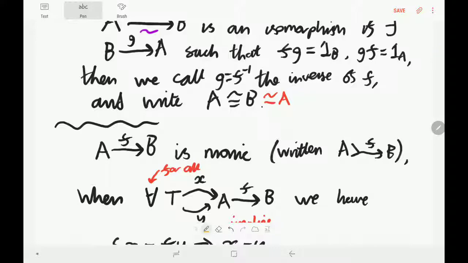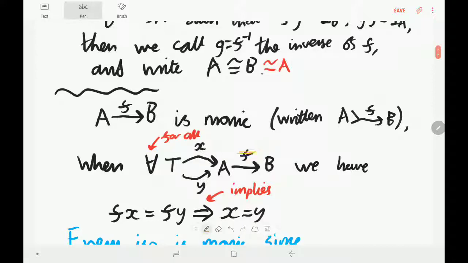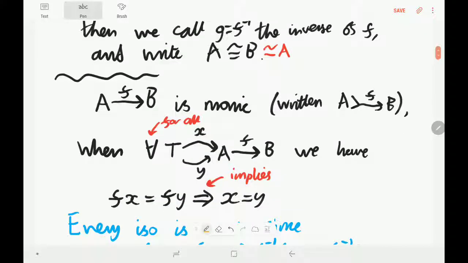An arrow F from A to B is called monic, sometimes written with this sort of arrow with a V on the back of it, when it has the property that whenever we have two parallel arrows, X and Y, coming into A from any object T, we have that whenever FX equals FY, that is F after X equals F after Y, then we always have that X equals Y. So monics basically represent parts of objects.